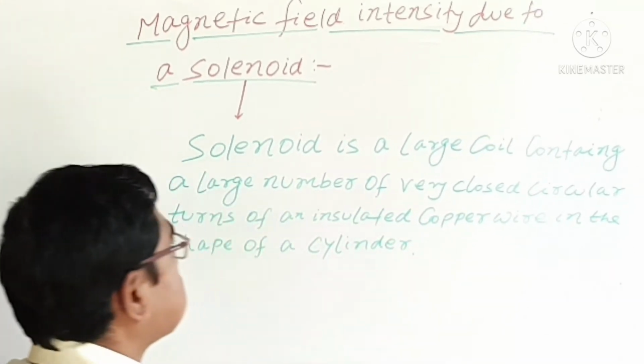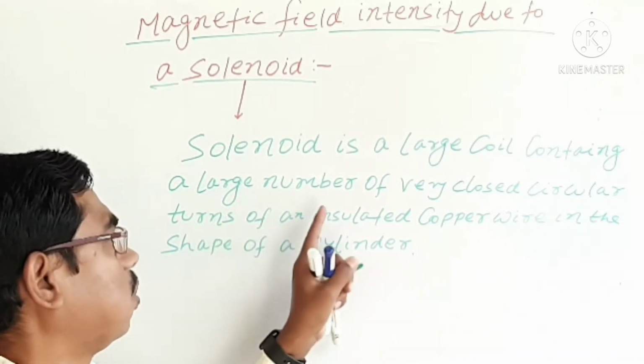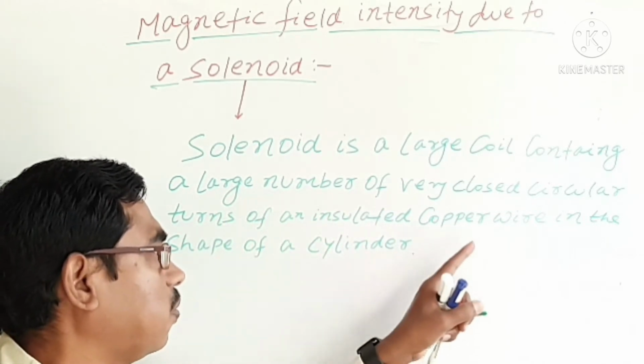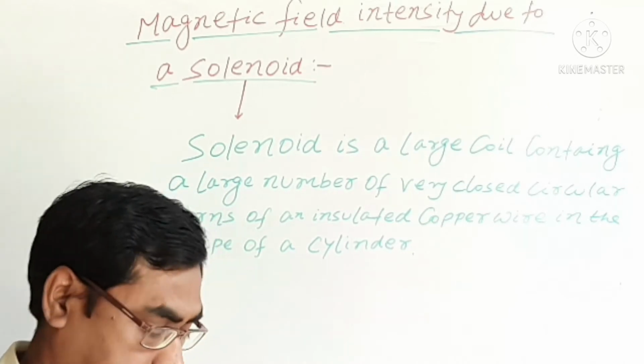Okay. Solenoid is a large coil containing a large number of very closely spaced circular turns of an insulated copper wire in the shape of a cylinder. Okay.